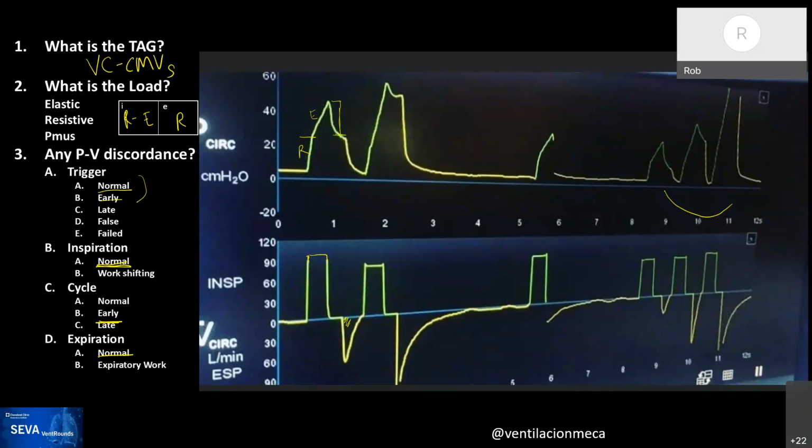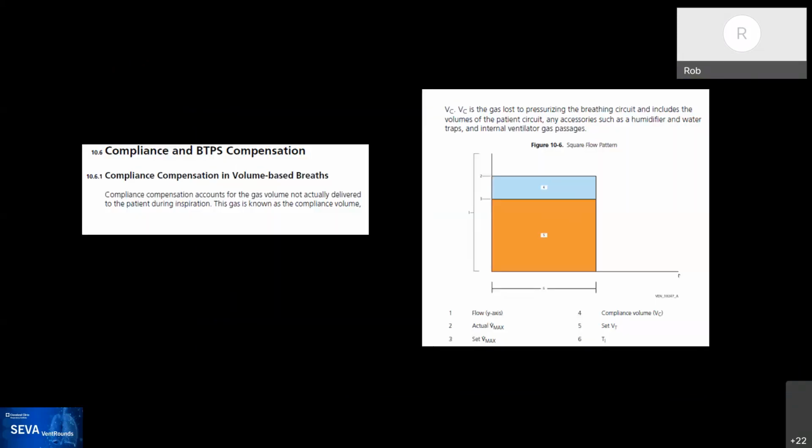If I could figure out how to attach a document in WebEx, I would do it, but I don't see how to do that. Yeah, there is actually, I went into, this is from the manual from this ventilator.